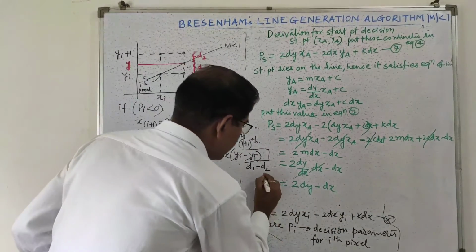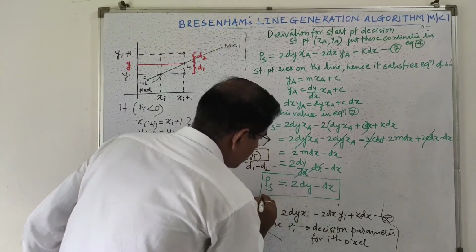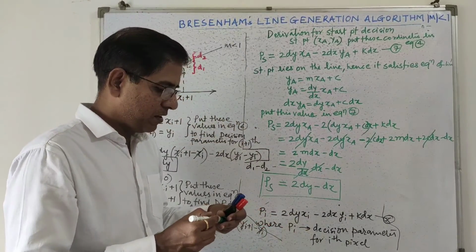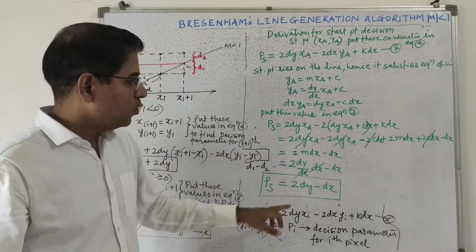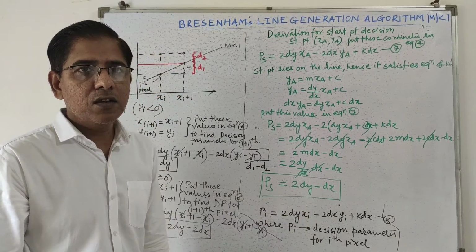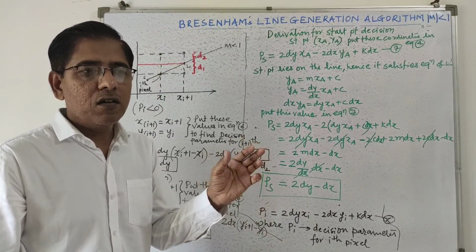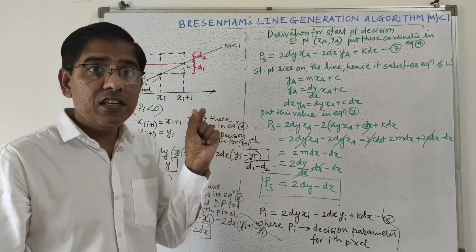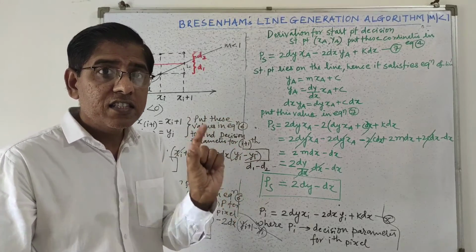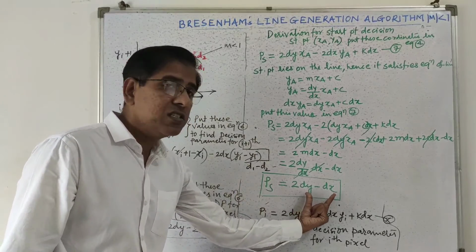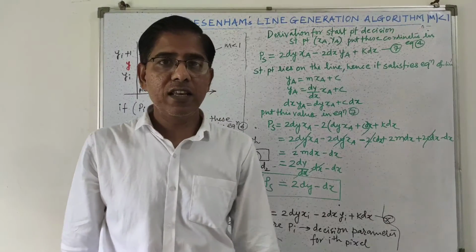So the start point decision parameter is 2 dy minus dx. As we assign the initial value of x as xa and the initial value of y as ya, similarly the initial value of p will be 2 dy minus dx in case of slope less than 1.